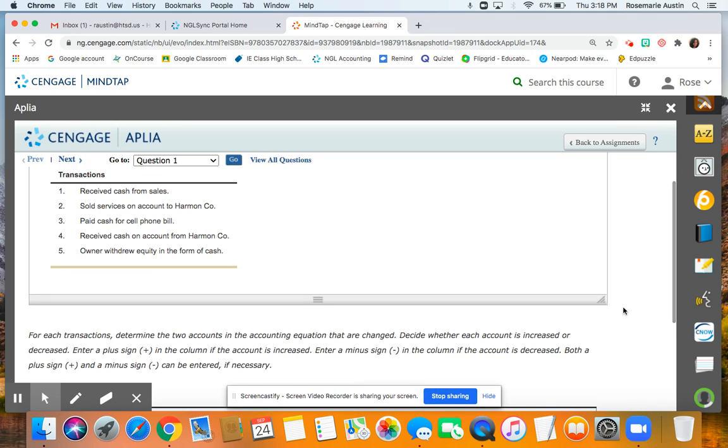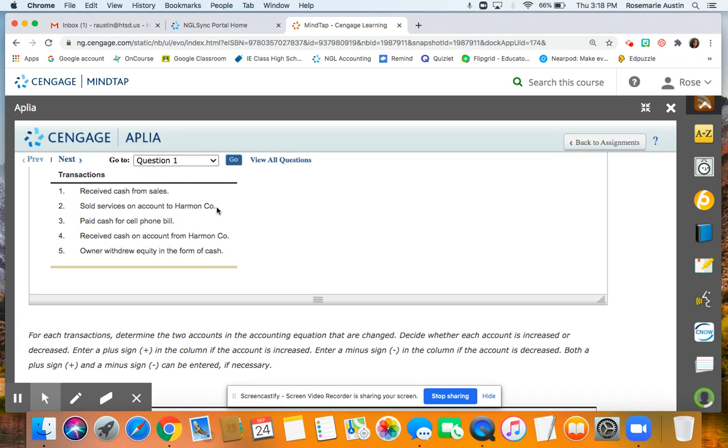The second one is the same as the first one, except cash is not involved. It's another sale. When you see a transaction that says sold services on account to Harmon Company, that means your business went out to Harmon Company and did whatever it is you do for them. Maybe you designed a website for them, and you're going to bill them because they didn't pay in cash.